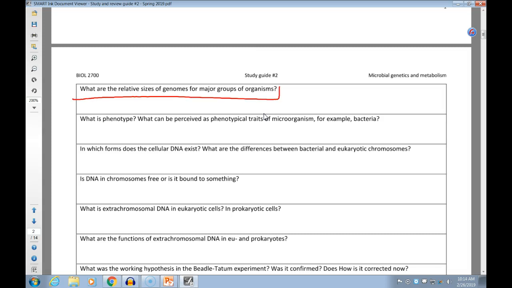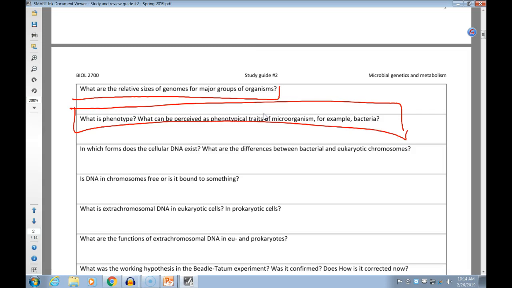Relative sizes of genomes. For relative sizes, just know viruses are the smallest. Then you have bacteria, unicellular eukaryotes, multicellular eukaryotes. Now, be able to identify phenotypical traits and distinguish them from genotype.